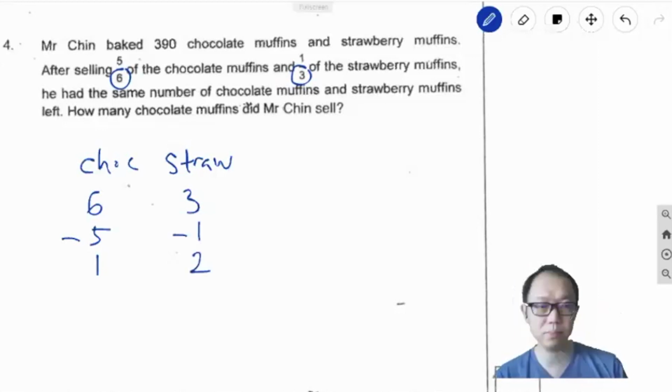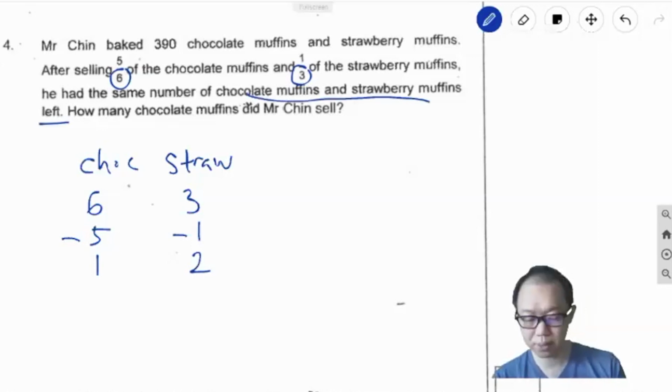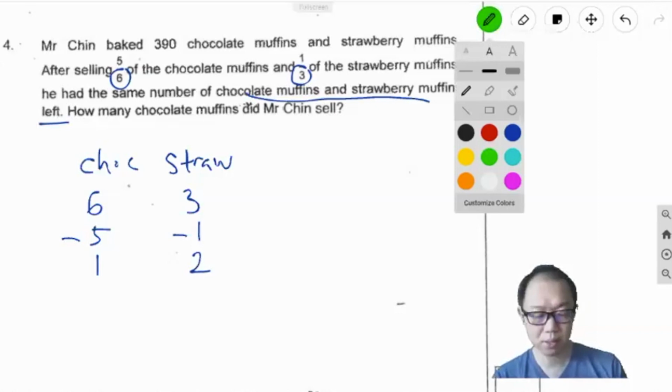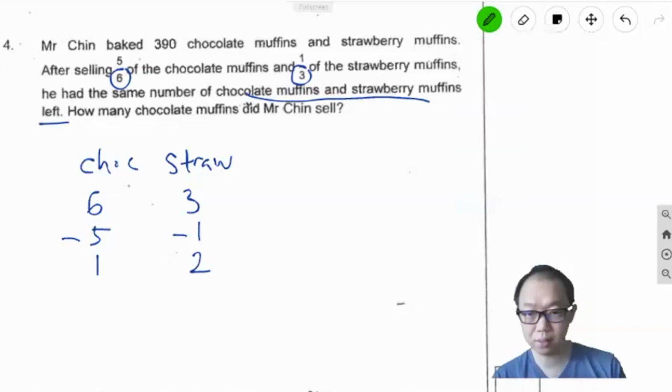Okay, so this is the first, before and after that I have. Now the thing is, he had the same number of chocolate and strawberry left. Chocolate, strawberry is the same. What this means is my number here should be the same.